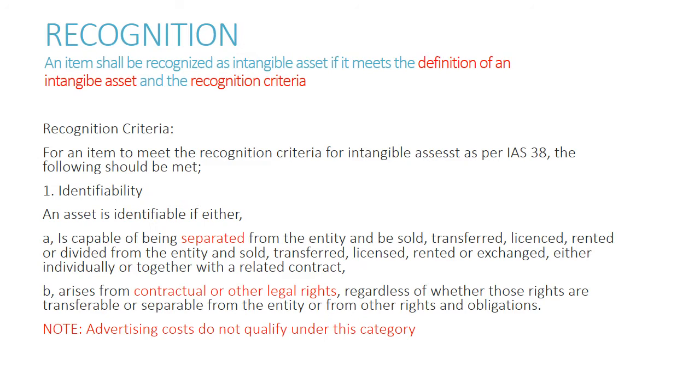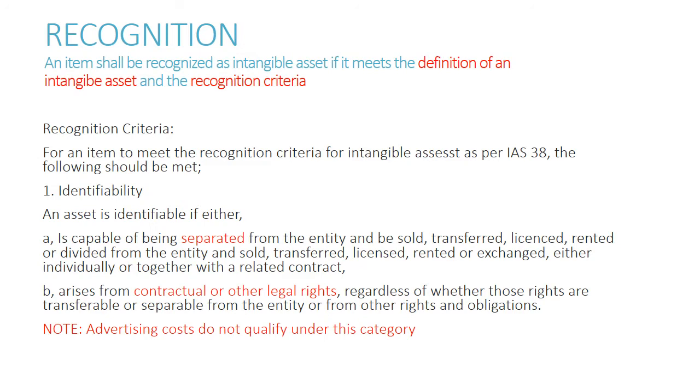Okay, so IAS 8 requires an item to be recognized as an intangible asset if it meets the following. First, the identifiability feature. We said an asset is identifiable when it can be separated from the entity and be sold, transferred, licensed, rented, and so on.